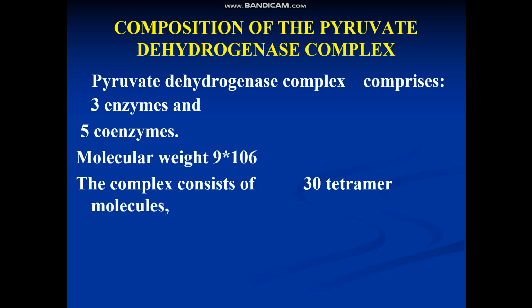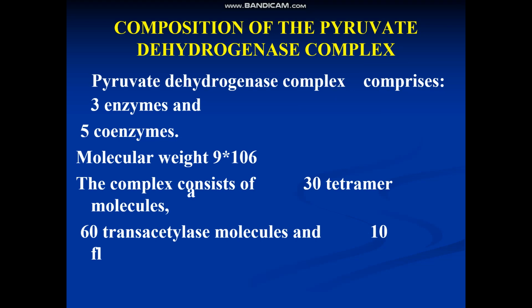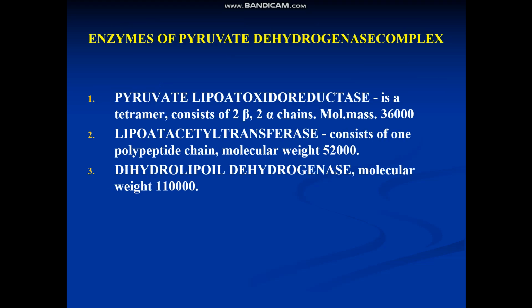The complex consists of 30 tetramer molecules, 60 transacetylase molecules and 10 flavoprotein molecules. Enzymes of the pyruvate dehydrogenase complex: pyruvate lipoate oxidoreductase, lipoacetyl transferase, dihydrolipoyl dehydrogenase.